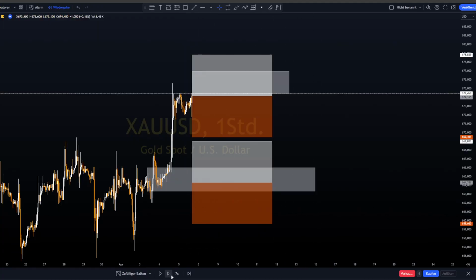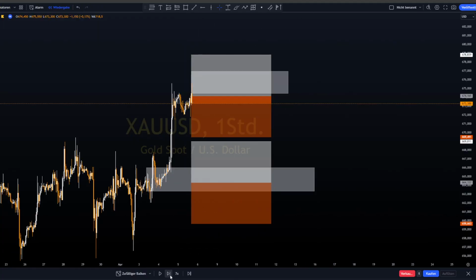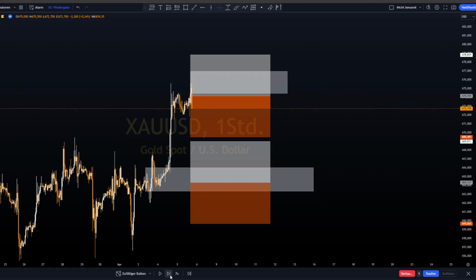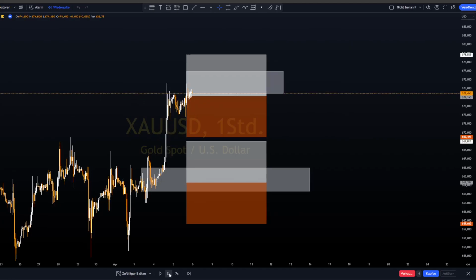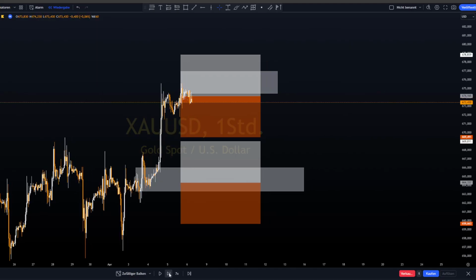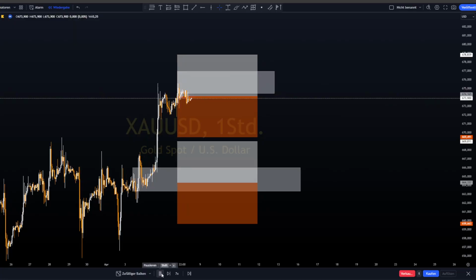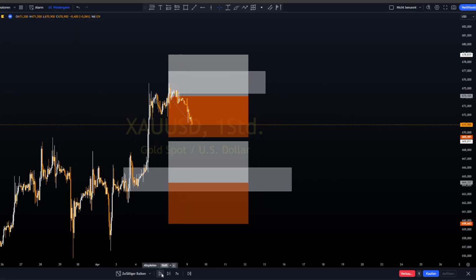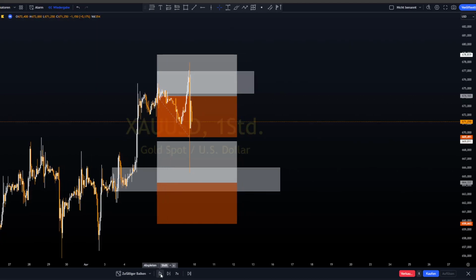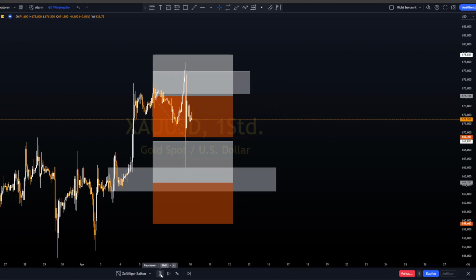And now let's see. We're in the trade. Trading view is lagging hard. Okay, we're going into drawdown. Boom, stop loss hit.